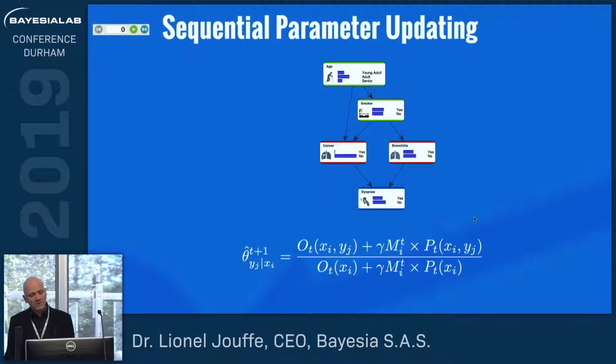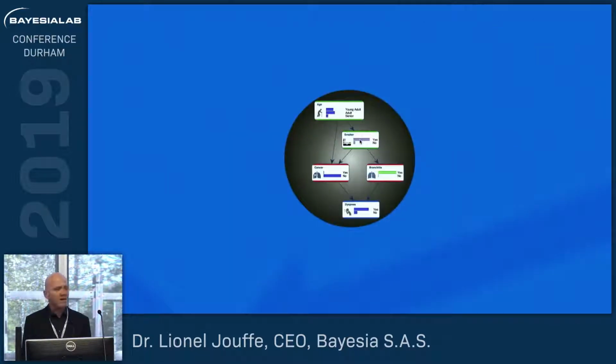The third one is something we introduced last year in BayesiaLab 8. This is a sequential parameter updating. In this one, you also have a fully specified Bayesian network, and usually this is your current Bayesian network. And you set evidence in a monitor. The evidence can be on all the nodes or just partial.